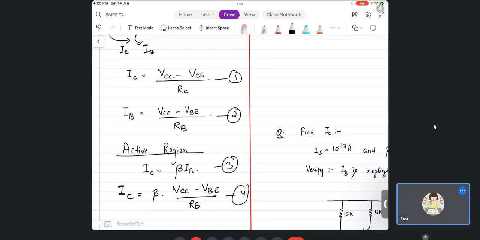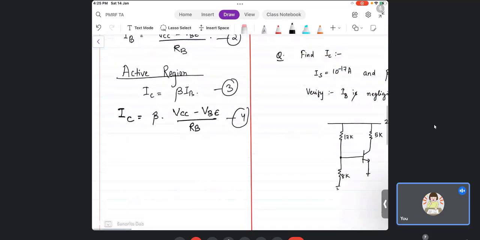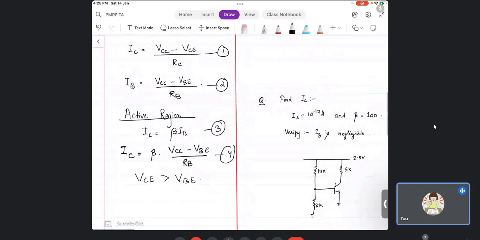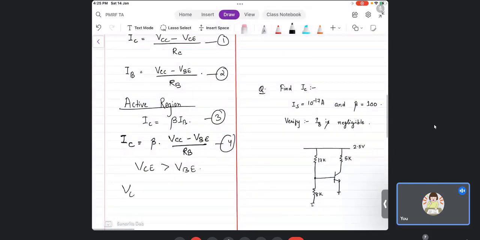And therefore, for keeping it in the active region, what should happen? VCE should be greater than VBE for keeping the transistor in the active region. Now what is VCE? From equation 1, VCE is nothing but VCC minus ICRC.